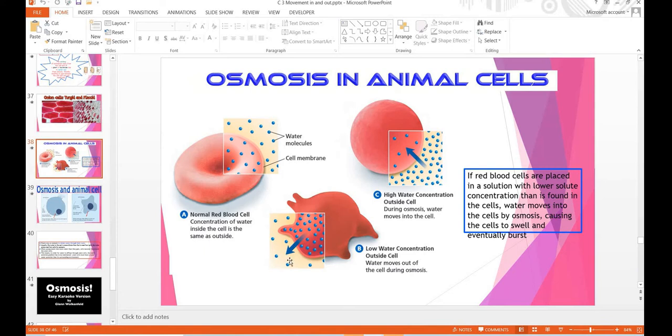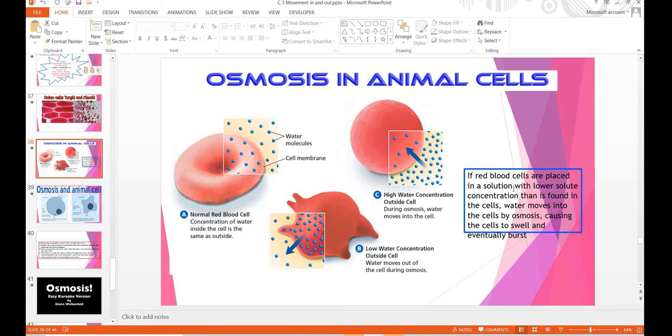So this results in the movement of the water from inside to outside, causing the cell to shrink. And in C, you can see the water concentration outside the cell is more compared to the inside, causing the movement of water from outside to inside the cell, making the cell more swollen and turgid, right?